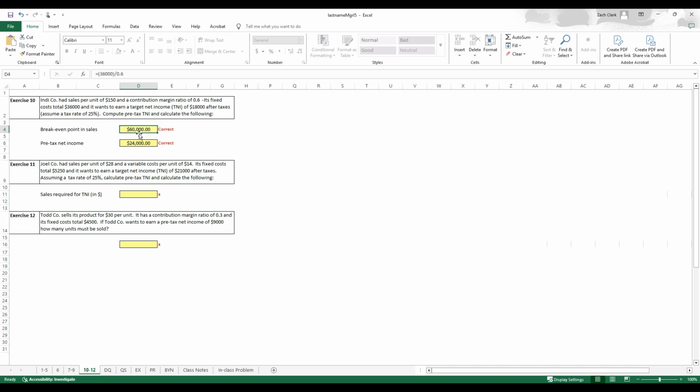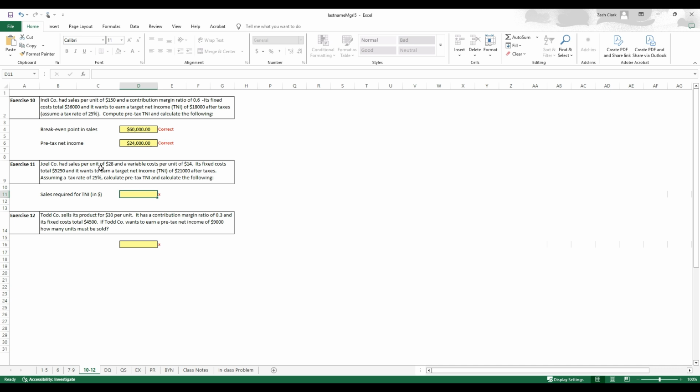We would go back and add $36,000 plus $24,000 to get the amount of sales we would need for a pre-tax net income of $24,000, which after the tax rate would bring us down to $18,000. Anyway, this is the pre-tax net income we need to earn. And hopefully that makes sense.